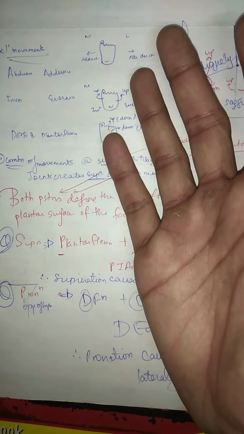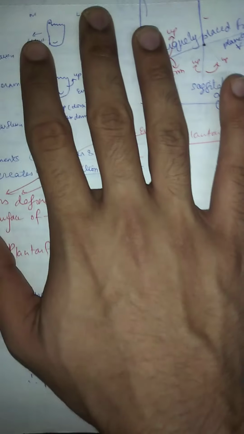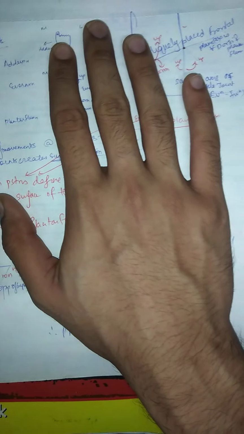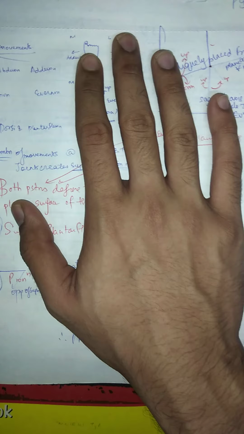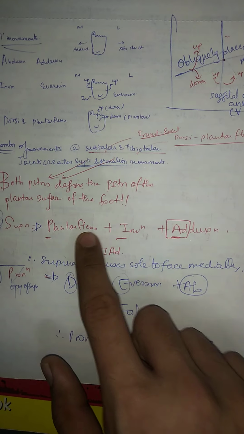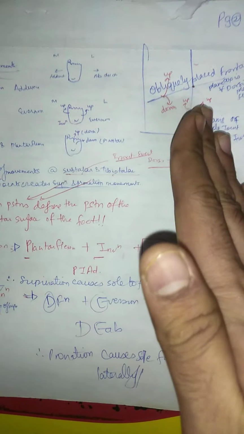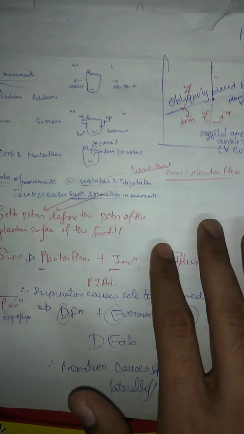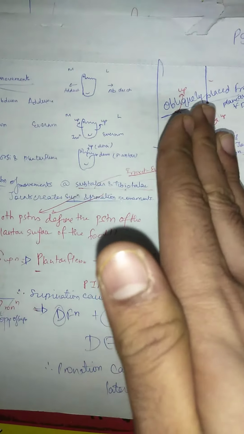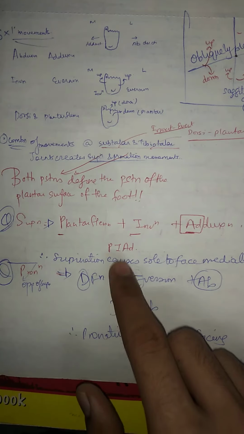The plantar surface is the sole, the inferior surface of the foot, and what you're seeing under the camera is the dorsum of the foot. In supination, there's plantarflexion, inversion, and adduction. So that's a supination movement.